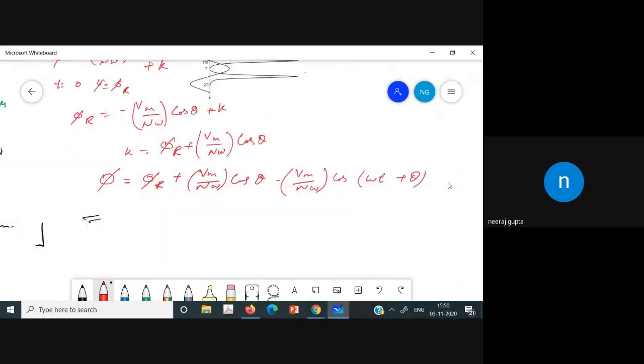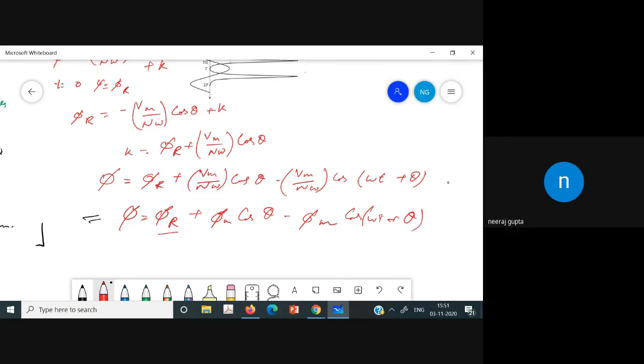The final expression can be written as phi equals phi r plus phi m cos theta minus phi m cos of omega t plus theta. So in this case, we have three factors.